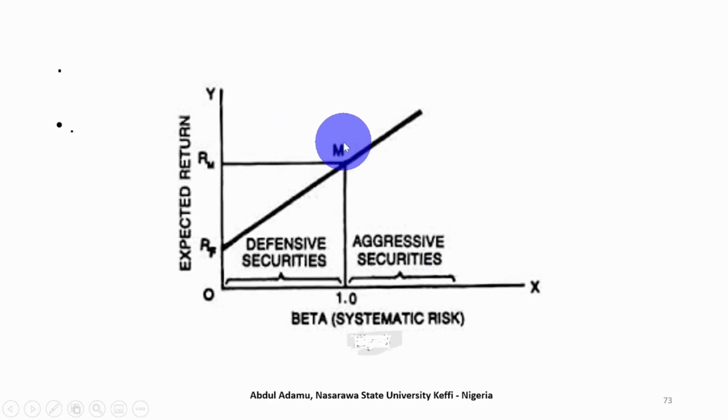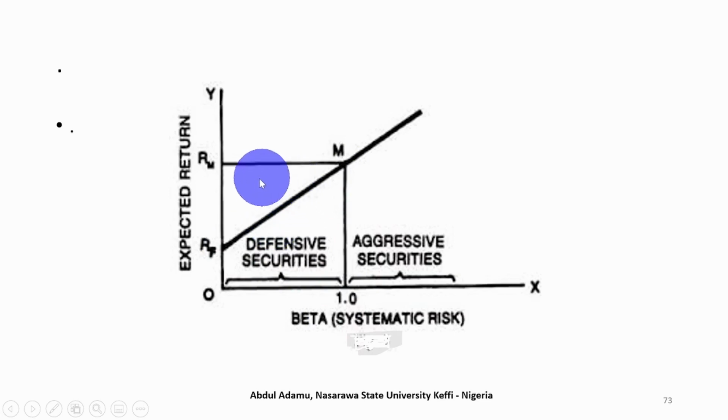We can also use the security market line to classify securities as either defensive or aggressive. If you look, this is a hypothetical security market line. You can see this is the market portfolio, the portfolio where the beta value is 1.0. Every stock that has a beta below 1 is a defensive security.